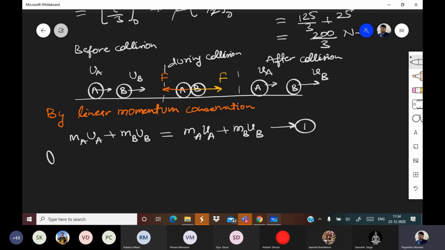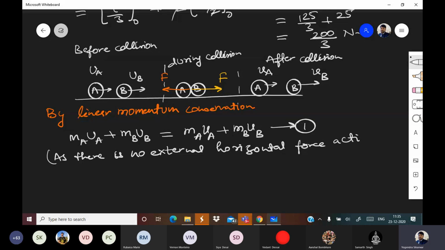You can write this in words as: there is no external horizontal force acting on A plus B system.